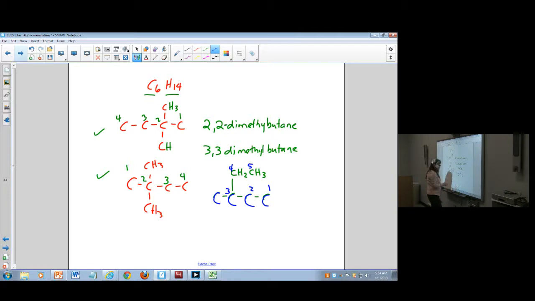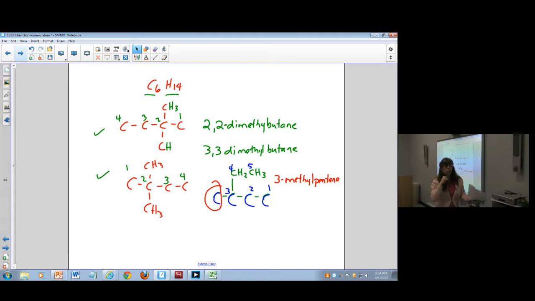And if I'm looking at this as the substituent right here on carbon 3, this works out to be 3-methylpentane. Now, what I want you to recognize out of this is that carbon chains turn. Carbon chains turn in space. Carbon chains rotate so that they can flip backwards and forwards.